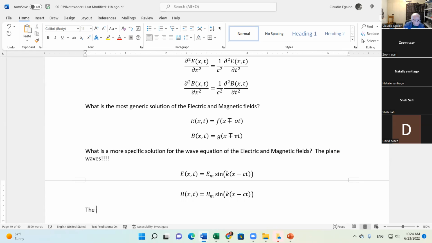The next thing we can do, okay, let me go. The parameter k inside the solution, inside the planar wave, depends on the frequency of the magnetic dipole that I mentioned before.